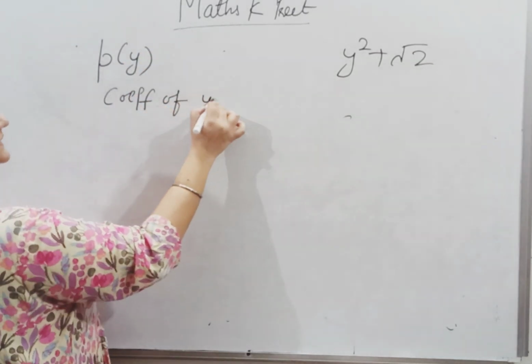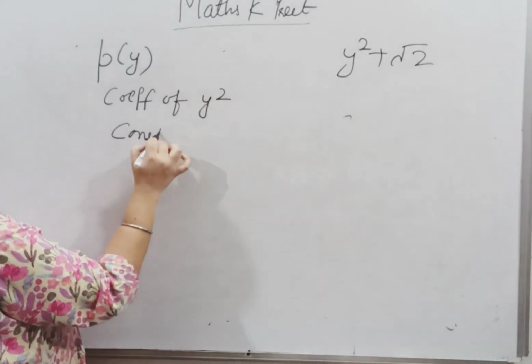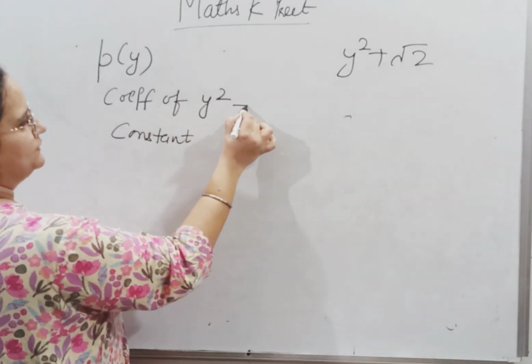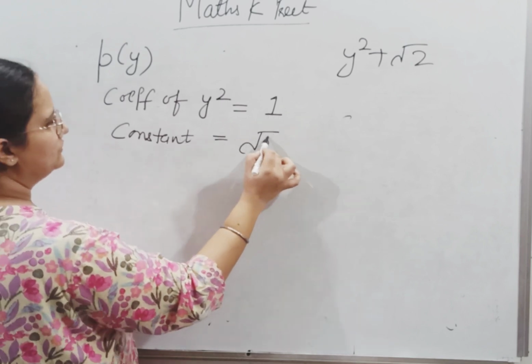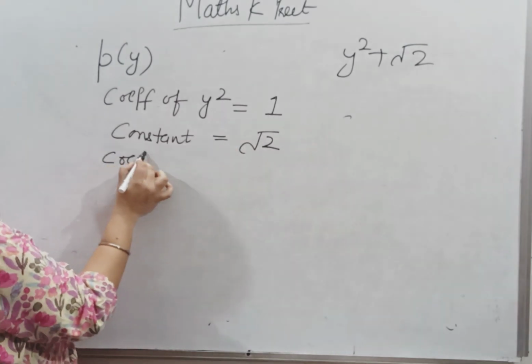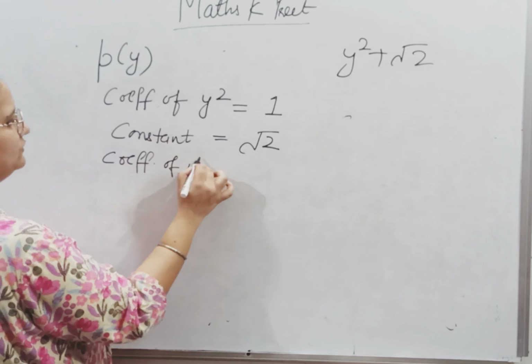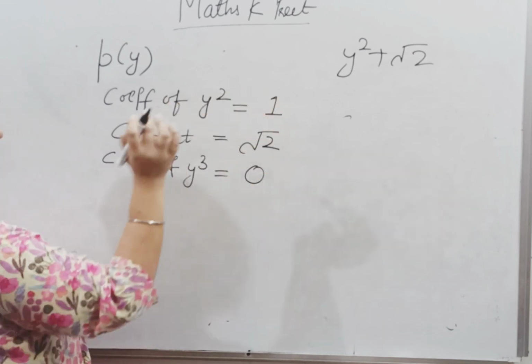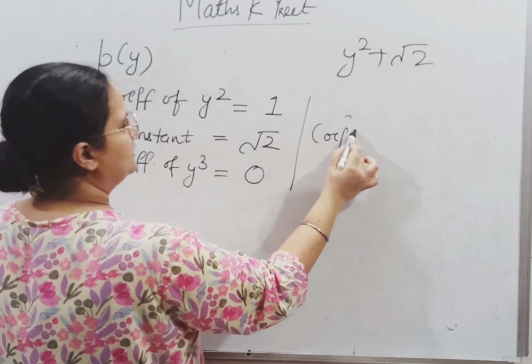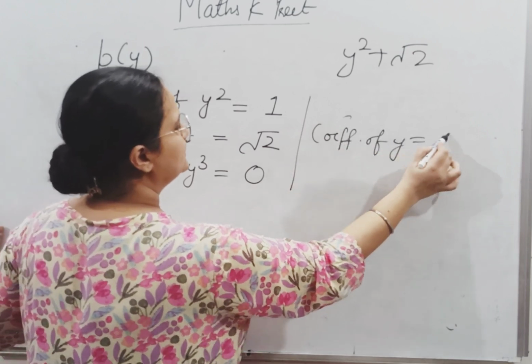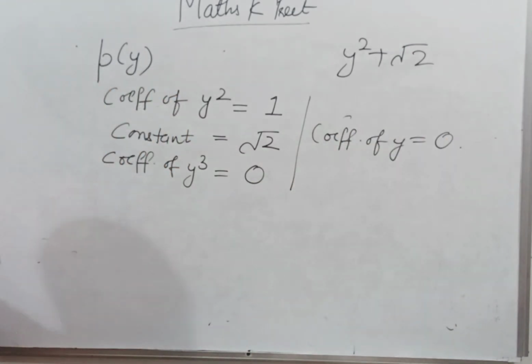Coefficient of y square and constant or coefficient of y naught. Coefficient of y square is what? 1. Constant term is root 2. If I ask the coefficient of y cube, obviously y cube is not here in the polynomial, so it's 0. And coefficient of y is also 0 because these are missing.